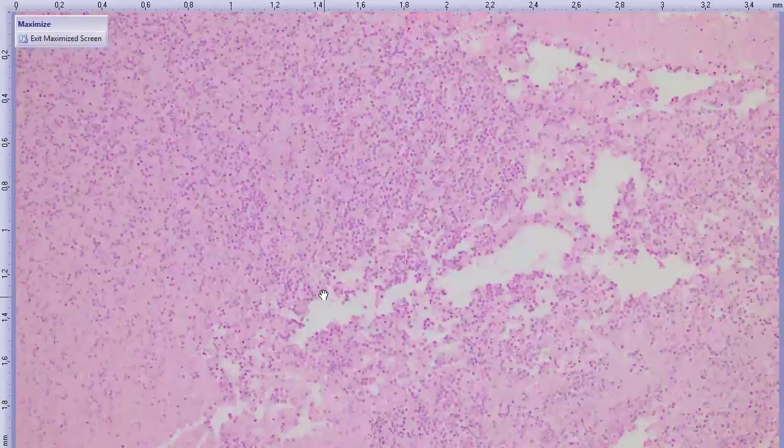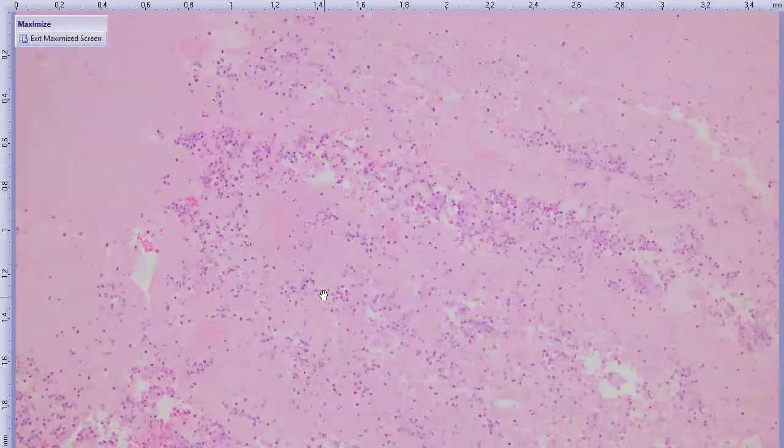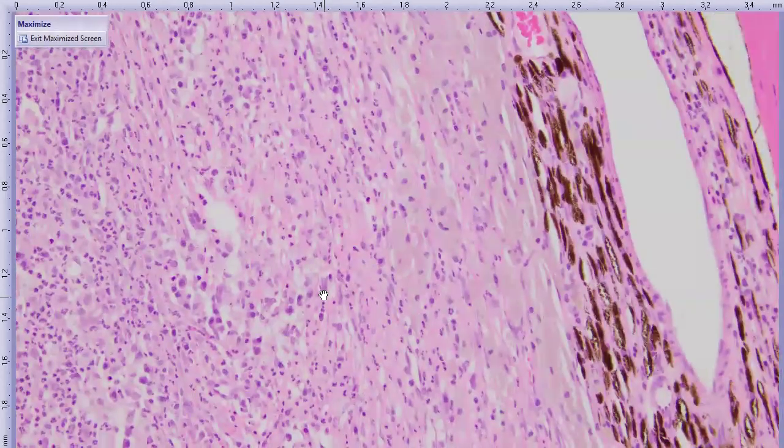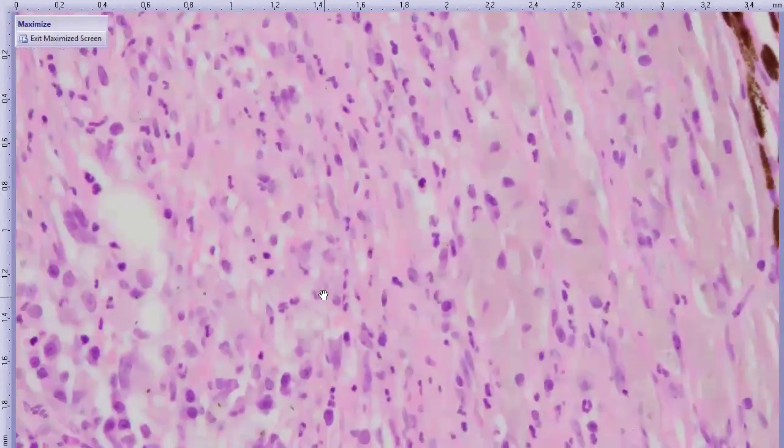The presentation of fungal hyphae in the vitreous, affecting the back of the eye, the retina and the choroid, is strongly suggestive of a systemic disease. So very likely this cat has a systemic infection with these fungi and it ended up in the eye.